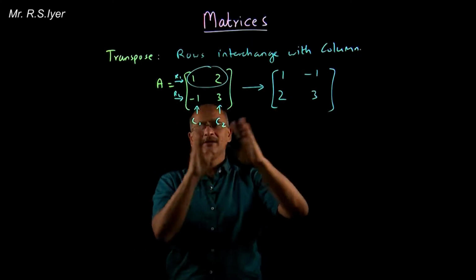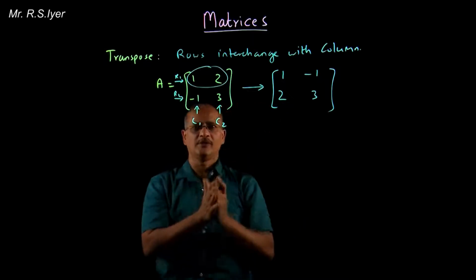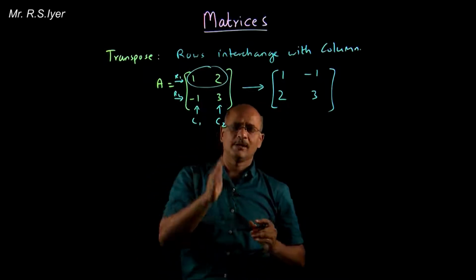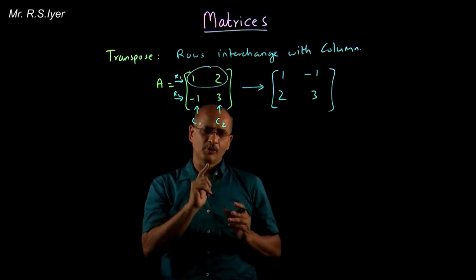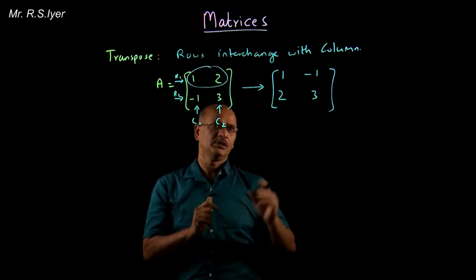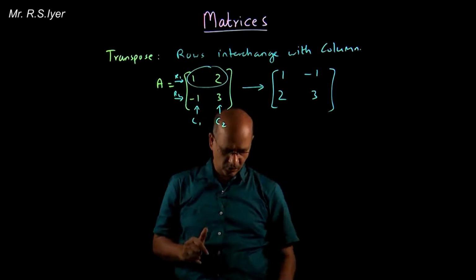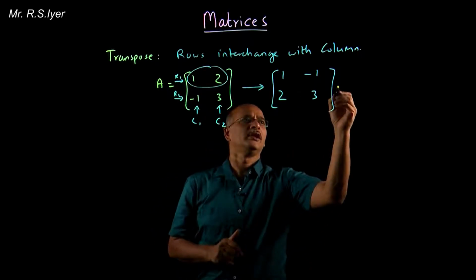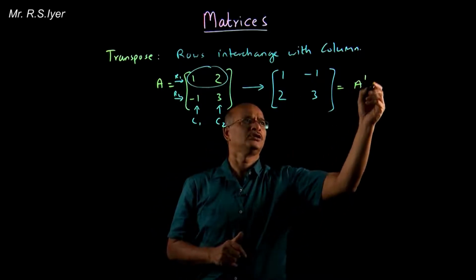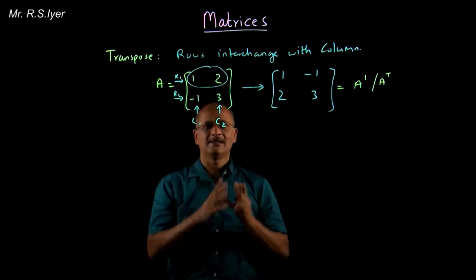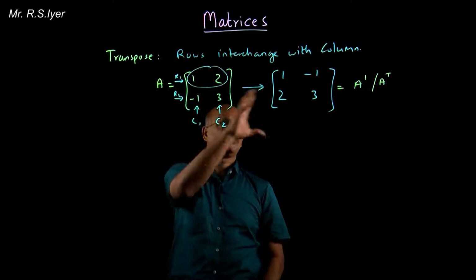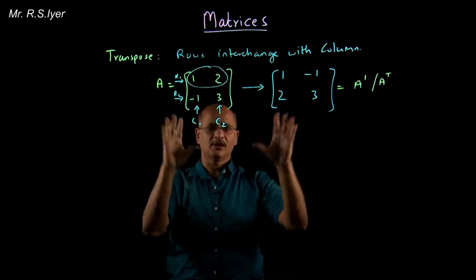This is exactly the transpose of any matrix, whether it is a 2 by 2 matrix or a 3 by 3 matrix. Second point, very important, is that the transpose is denoted by A dash, or you can also say A T. Understand these points. This is exactly what I mean by transpose.